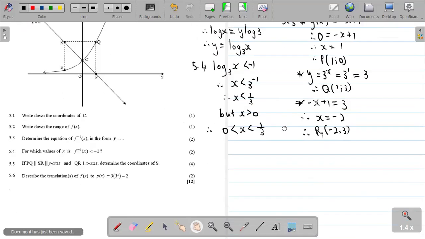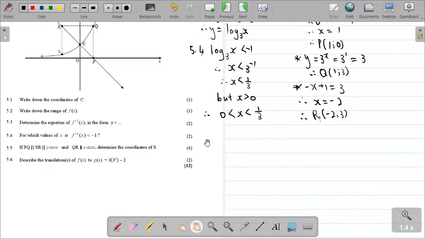So now we can find the coordinate of S, because at S here, we know that the X value is negative 2. So then we come here, again at S, we're going to use the exponential, okay? So your Y here is going to be equal to 3, then we substitute X here, which is negative 2, which is going to be equal to 1 over 9.